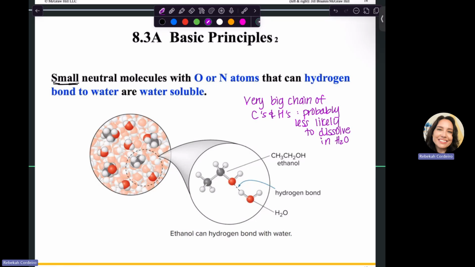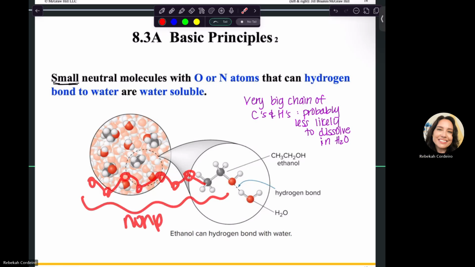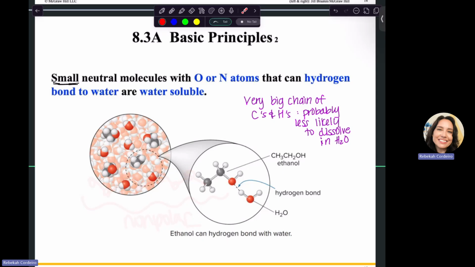Even if it has an OH on the end, if it had a lot of carbons hanging off, it's got a big nonpolar region, and it probably would not talk to the water very well. If it's a small molecule with O's and N's in it, it's usually able to hydrogen bond.